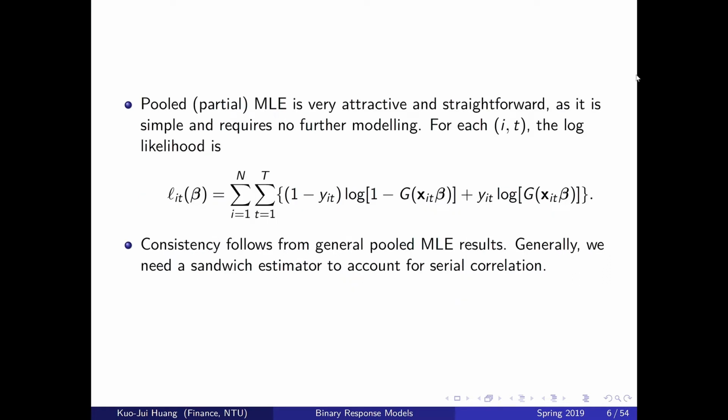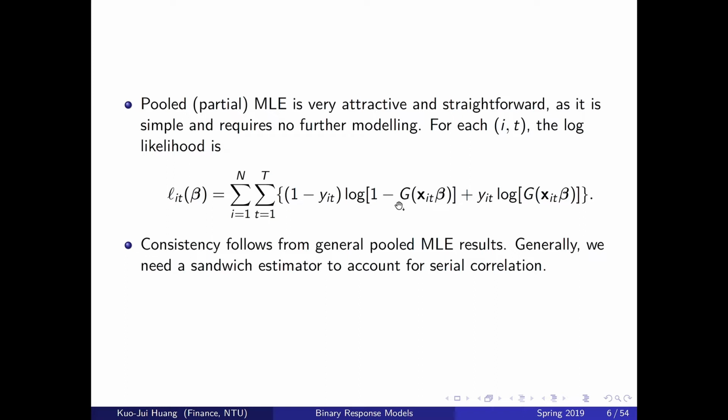The simplest way to estimate a probit or logit model is using maximum likelihood. As you can see, the log likelihood function is like this, which is the linear combination of 1 minus y and y with the successful probability g and unsuccessful probability 1 minus g.